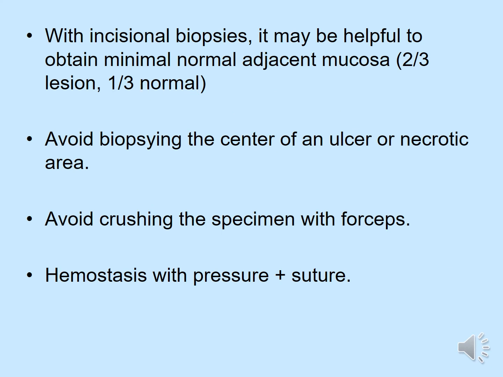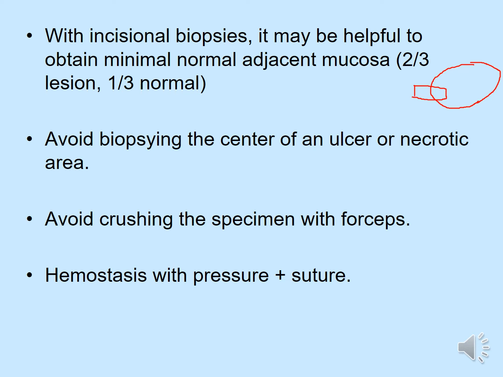With incisional biopsies, it may be helpful to obtain minimal normal adjacent mucosa, right? So as I had drawn in the previous slide, for a larger lesion, you would prefer to take normal plus lesional tissue for diagnosis.